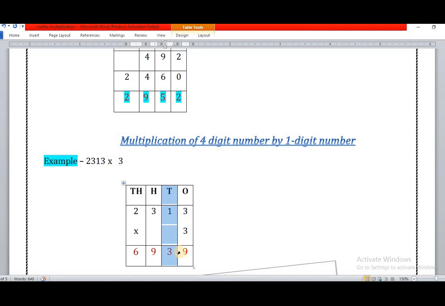I've written 3 here. Third step is I have to multiply the number in hundred place by 3. 3 threes are 9. I have written 9. And the last step is I have to multiply the number in thousand place by 3. 3 twos are 6. So I got my result 6939.